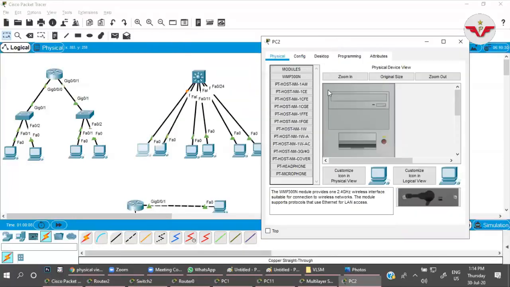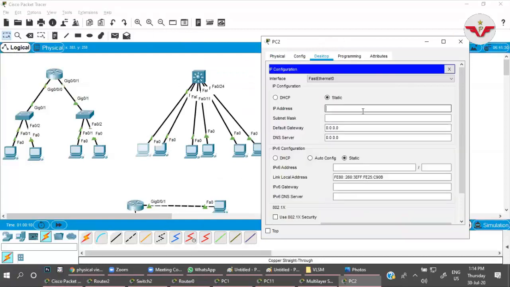Come here, desktop, IP 192.168. Okay, this was in the faculty network. So the faculty network was from 128 to 159. So 129 was the IP of the switch. So 0.130, the subnet mask 224, and the gateway 192.168.0.129.